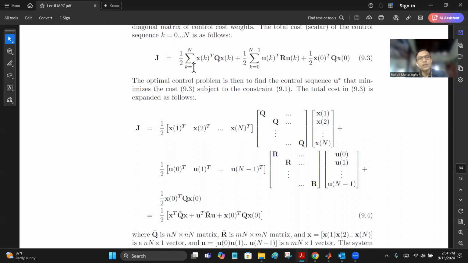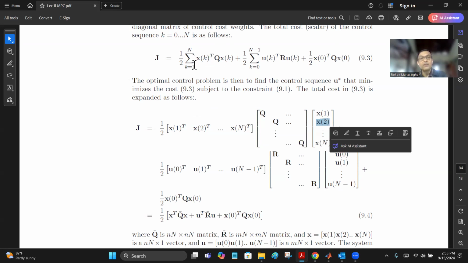So you can figure that out. When k equals 1, it is x_k transpose Q times x_k, right? So we have it here also, x1 transpose Q times x1. And then the second term is x2 transpose Q x2. We have it here, x2 transpose Q x2.